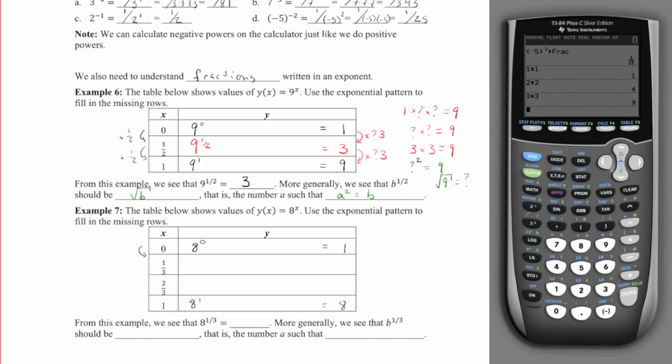But here we see every time we go down a row in this table, our input increases by 1/3. Every time we go down a row in this table, our input increases by the same amount, so our output must be multiplied by the same amount.